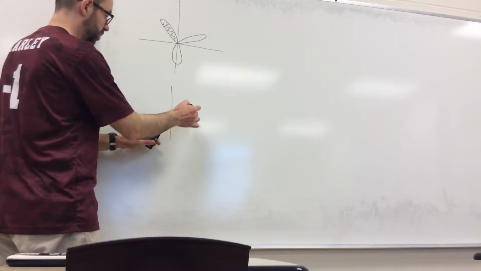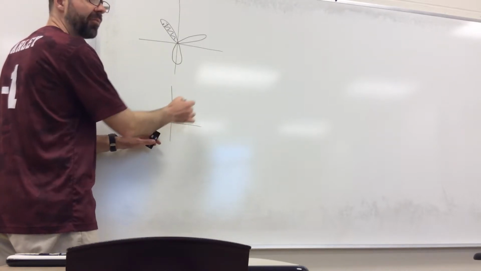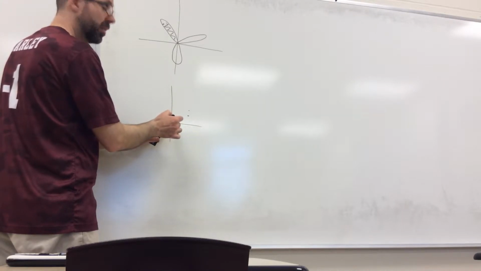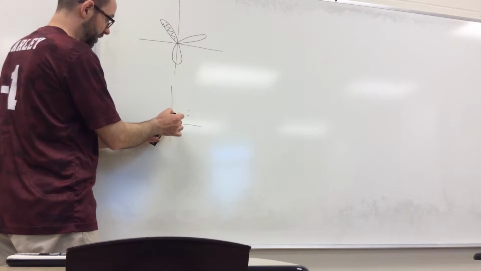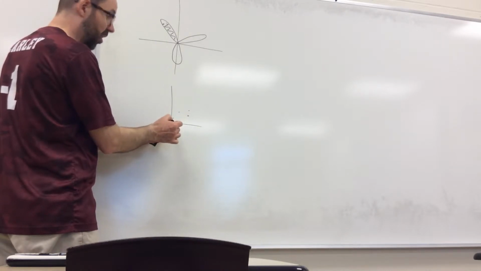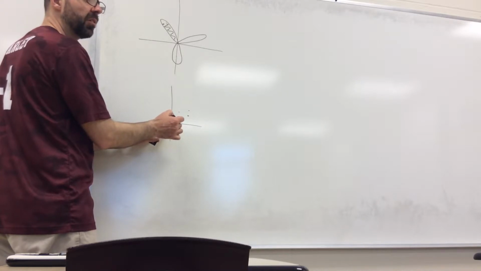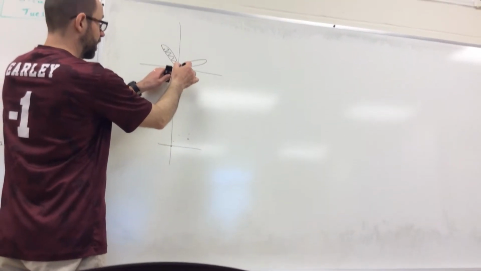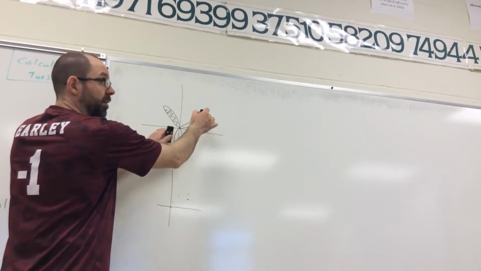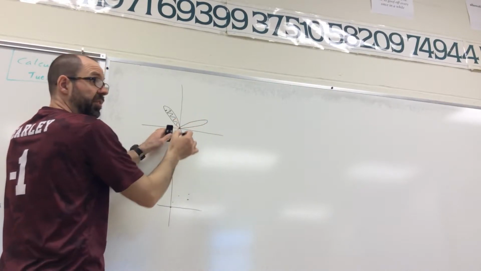And then at this point, the r is maybe 2.5, right? The r is how far you are from the origin. So at this point, the r is down to 1.5, and then now the r is 1. So when you get here, what is the r? 0. Okay, so the curve starts out with r being 0, and then r gets a little bigger, and then it comes back down, and then it ends up being r equal to 0.